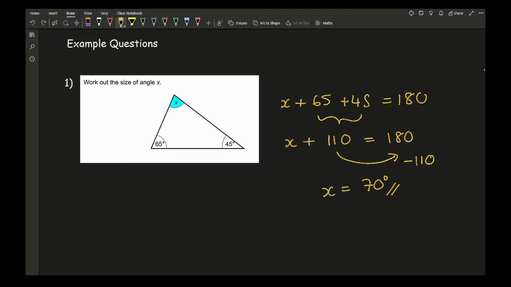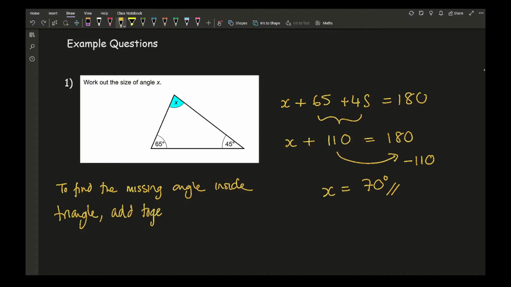Now, there are several ways in which you can do this. I've combined this particular method with solving equations, but again, it's entirely up to you. Another rule is basically to find the missing angle inside a triangle, add together the two known angles and subtract from 180.